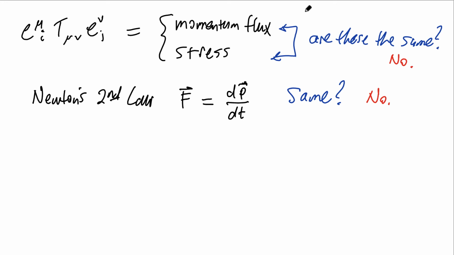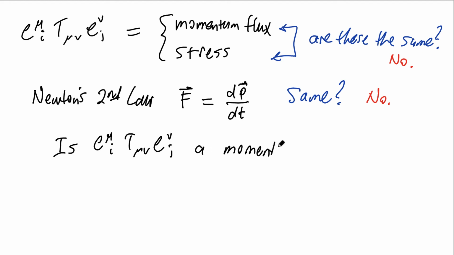So the question arises then, when we are looking at these components of the stress energy momentum tensor, what are we looking at? Are we looking at a momentum flux or a stress? So is e_mu^i T^{mu nu} e_nu^j a momentum flux, or is it a stress?